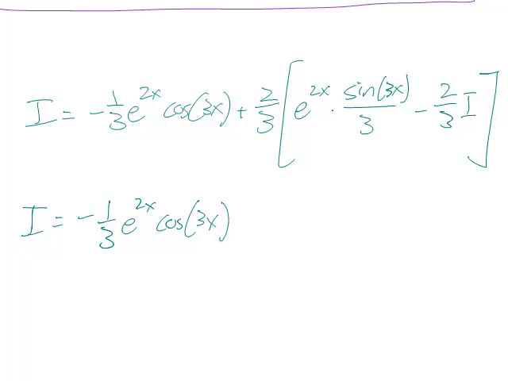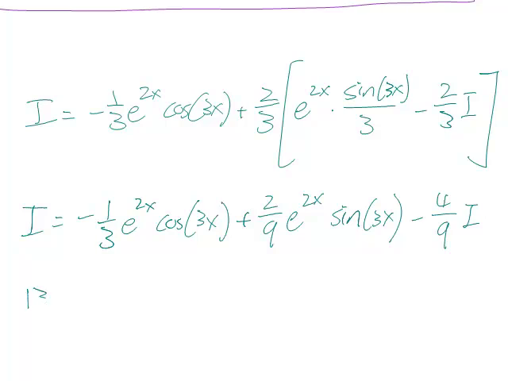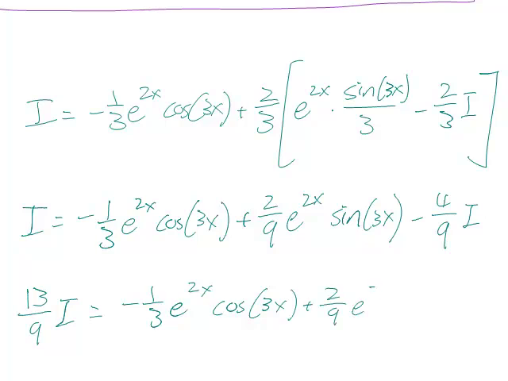Multiplying the 2/3 through, we get plus 2/9 e to the 2x sine 3x minus 4/9 I. Bringing all the I's to the left, 1 plus 4/9 would be 13/9. 13/9 I is minus 1/3 e to the 2x cosine 3x plus 2/9 e to the 2x sine 3x.